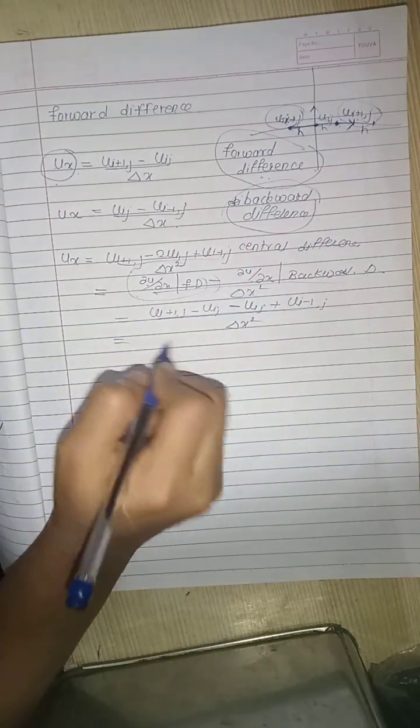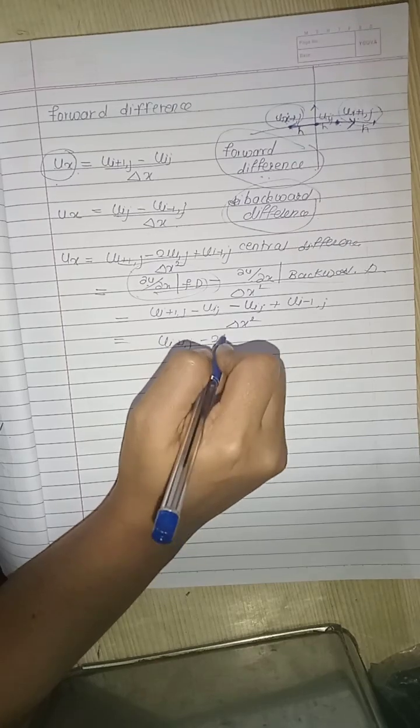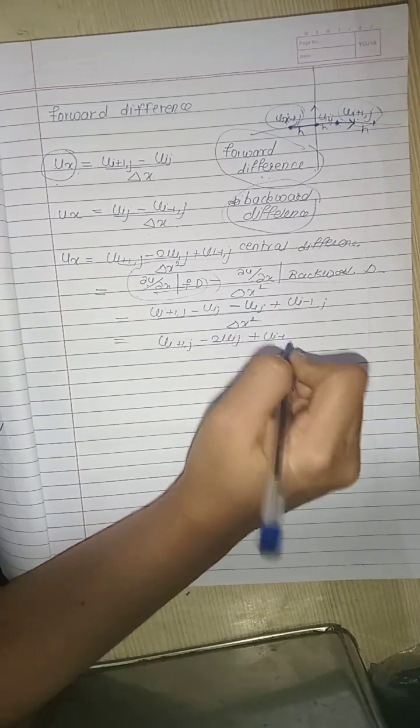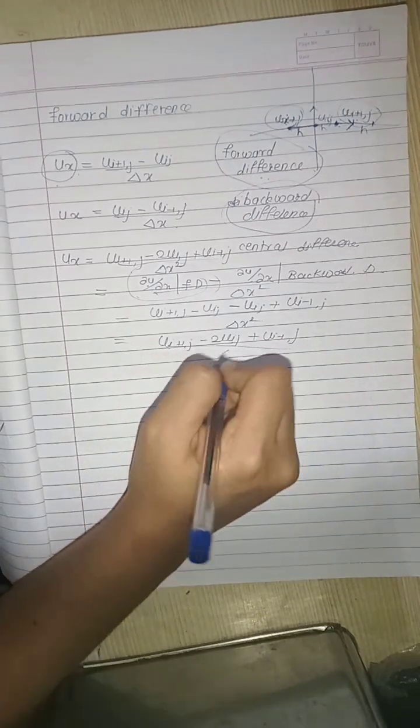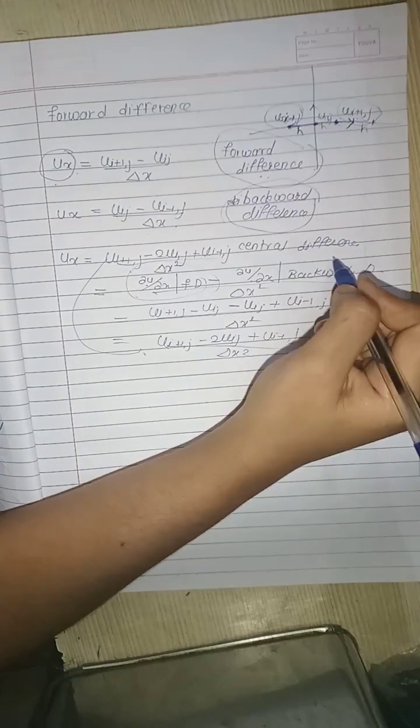After solving this, you will get (u_i+1,j − 2u_ij + u_i−1,j)/Δx². So that's the required formula for central difference.